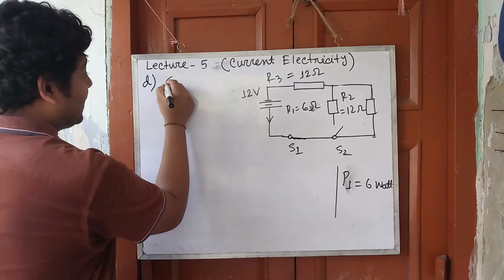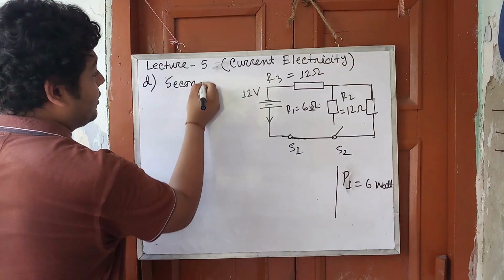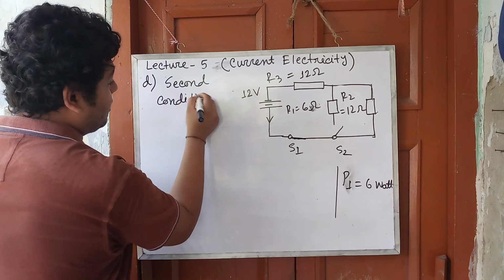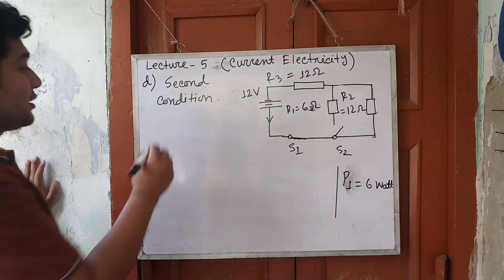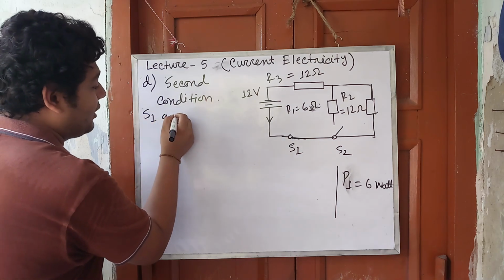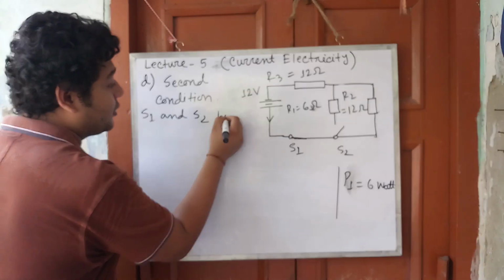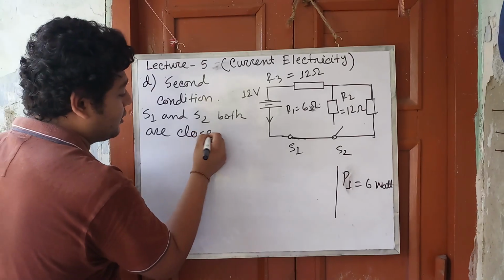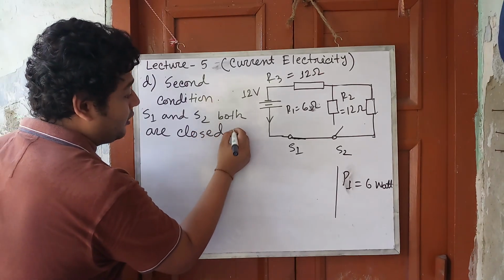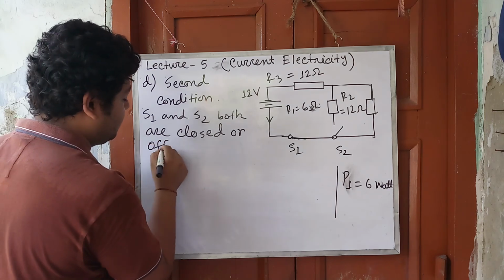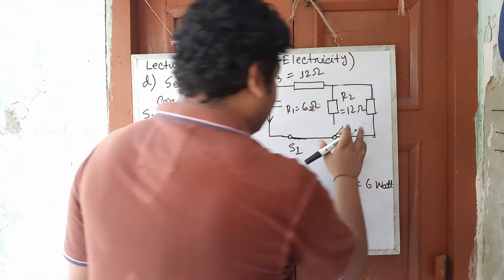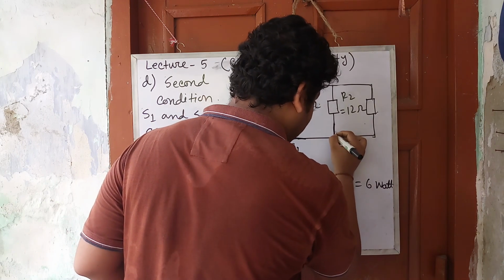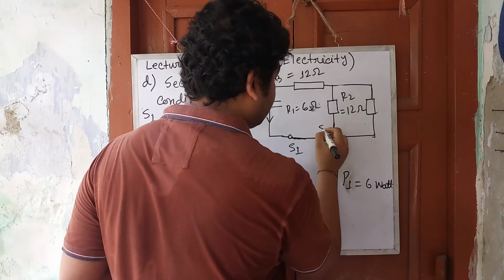Now for the second condition, what is our second condition? S1 and S2 both are closed. Then our figure will be like that, S2.